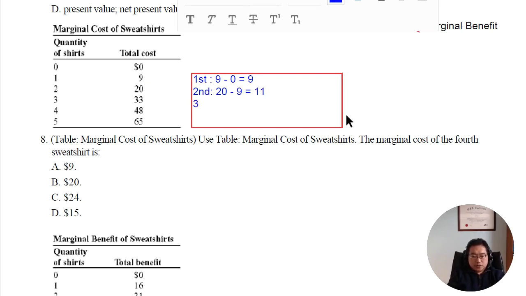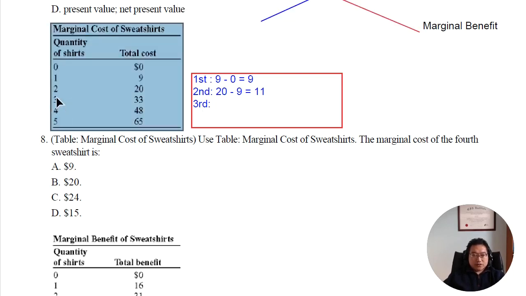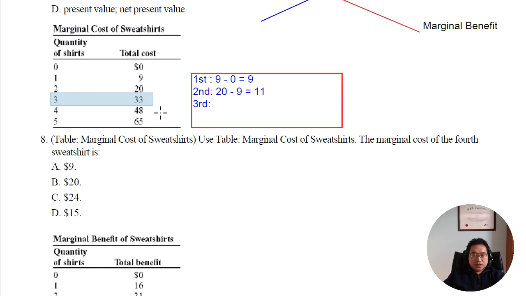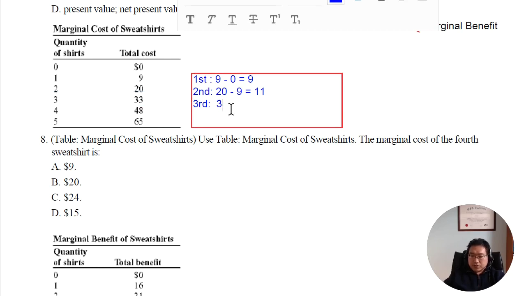The third sweatshirt, now we have a total cost. Remember, this column of numbers is total cost. The total cost becomes 33, and minus the 2-unit total cost of 20, we have 13. You can see basically the marginal cost is the incremental change in the total cost.